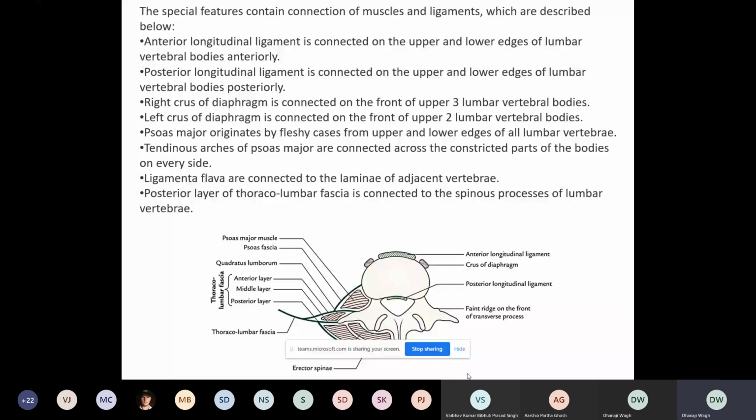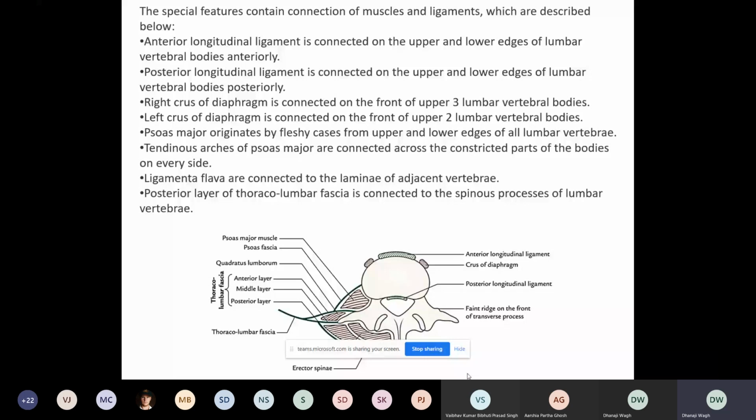Then the right crus of the diaphragm is connected on the front of the upper three lumbar vertebrae, and the left crus of the diaphragm is connected on the front of the upper two lumbar vertebrae. So the right crus is connected in front of L1, L2, L3, and the left crus of the diaphragm is connected in front of L1, L2.